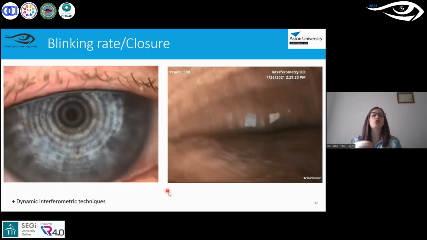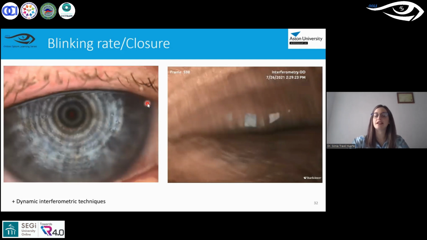So what I'm looking at here is, apart from how much they blink, because if they blink too much, maybe it means the tear film is not stable and there's something going on with those oils or their output. And then I also look at that full closure, because if we don't have full closure, the lids are not pressing against each other and releasing those oils. We may still have some oils being released, but it's not going to be as much.